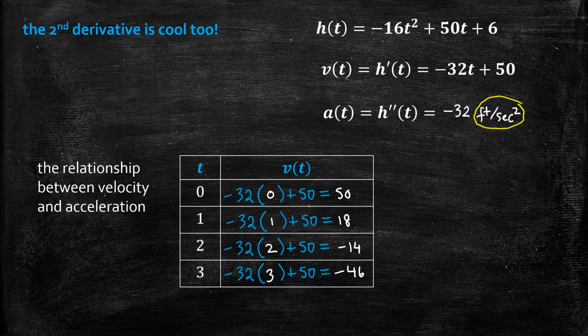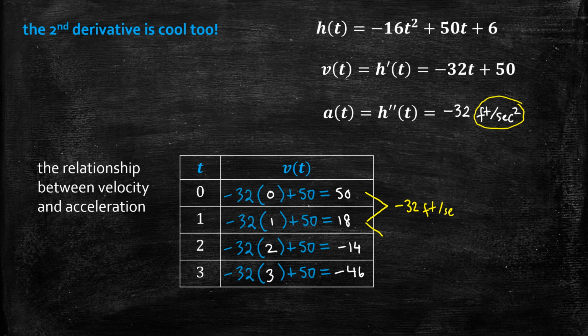Now, what's really neat about this is let's look at the change in velocity over time. Over 1 second, the velocity goes from 50 to 18, and that's negative 32. That's a reduction of 32 feet per second.